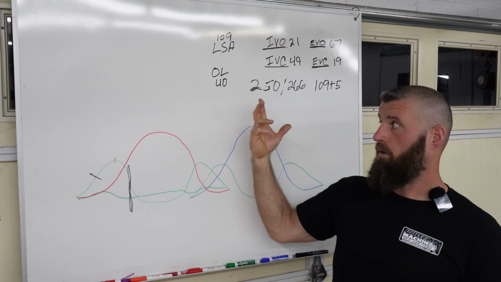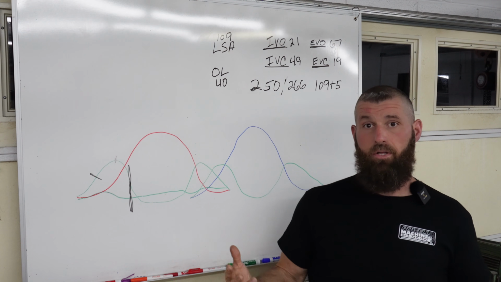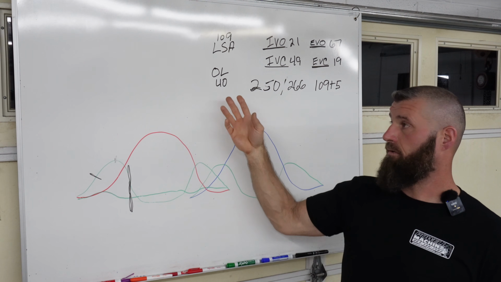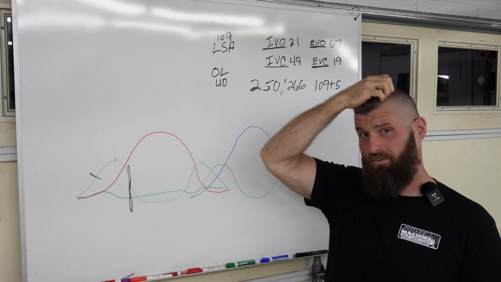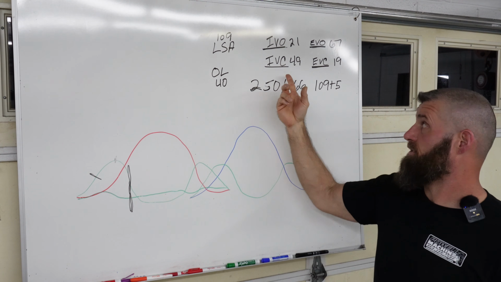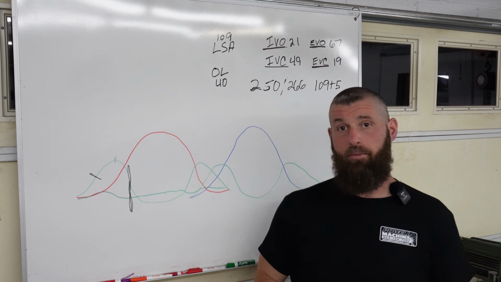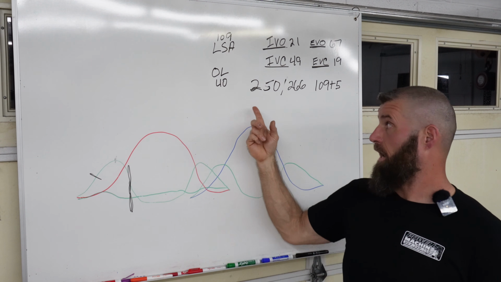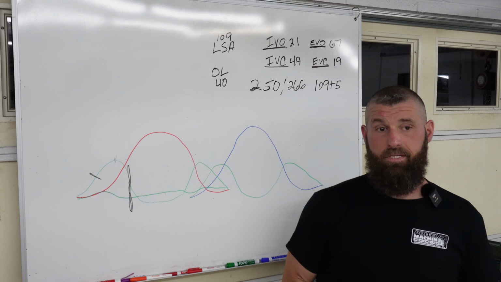So this and this needs to be shorter, earlier happening. And overlap, we may have a whole nother discussion on that, but higher RPM stuff, I mean, this number's got to get later, this number's got to get earlier, and it just is how it is. And then obviously, for the most part, this number needs to get a little bigger, and this number needs to get a little bigger.